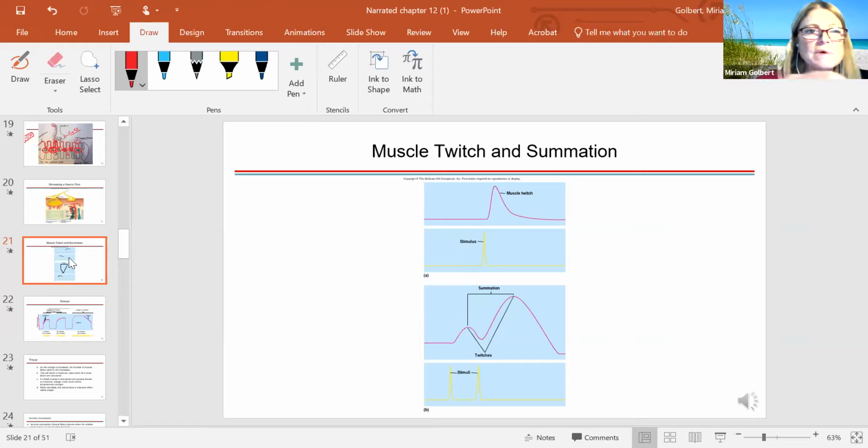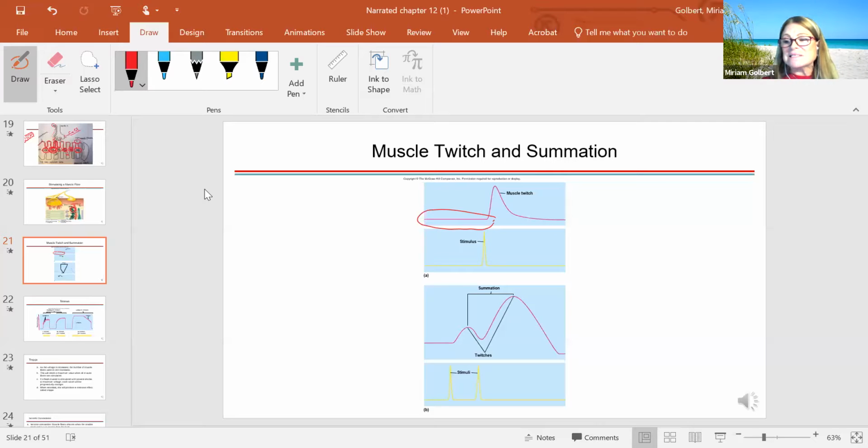And remember that I mentioned latent period. So that's the time where the muscle fiber is getting ready. So then when it goes up, you have the contraction, and when it comes down, you have the relaxation.